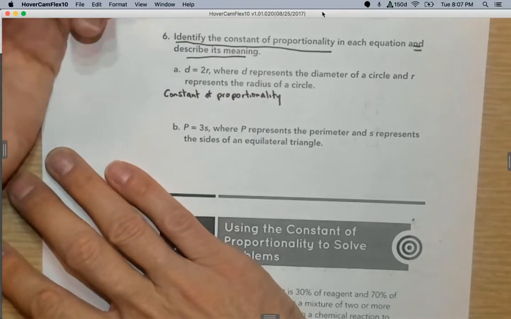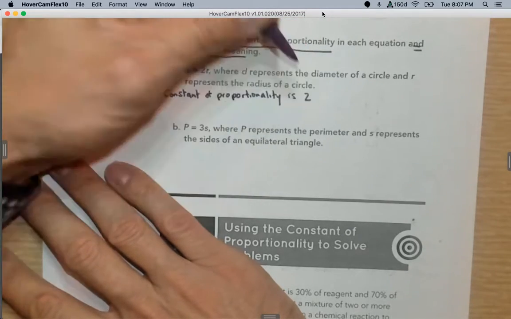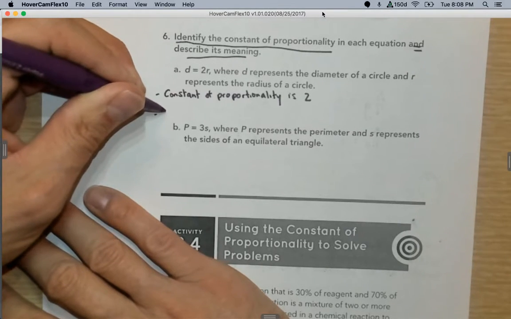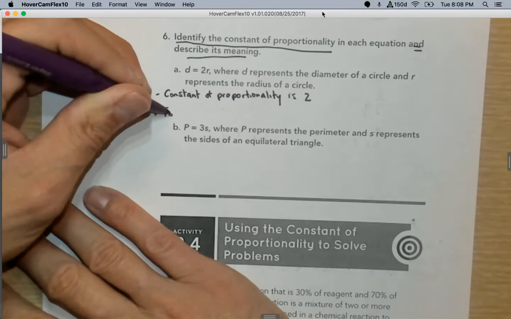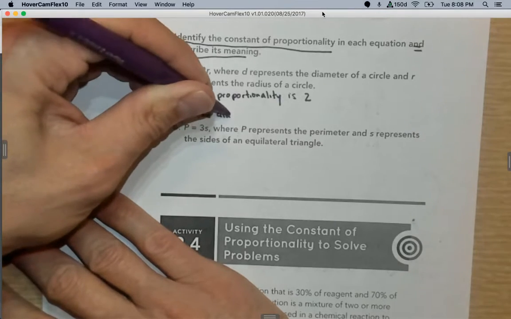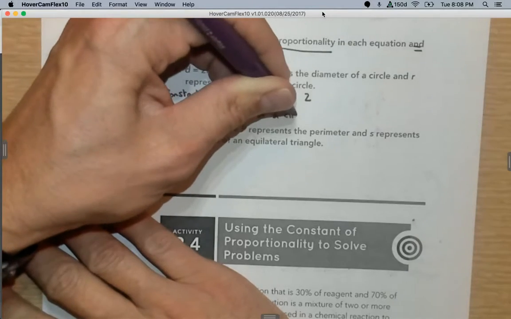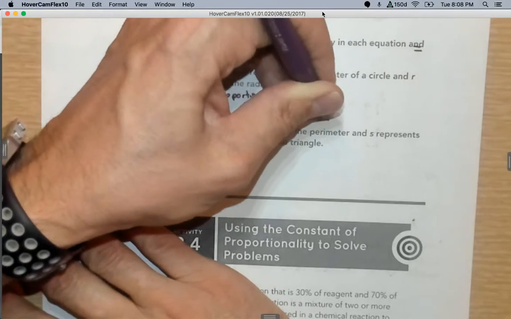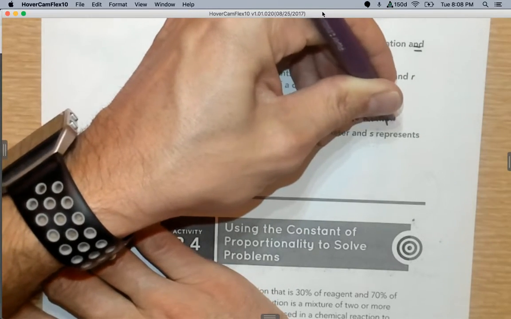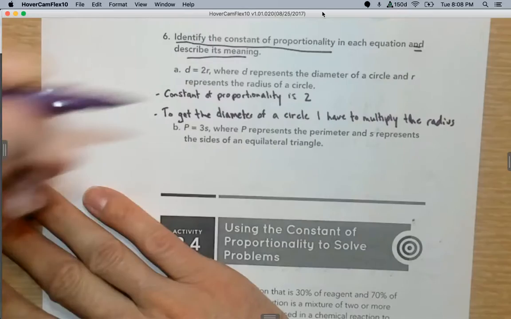The constant of proportionality here is going to be 2. And this means that to get the diameter of a circle, I have to multiply the radius by 2.